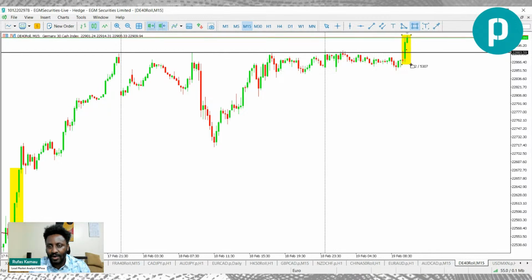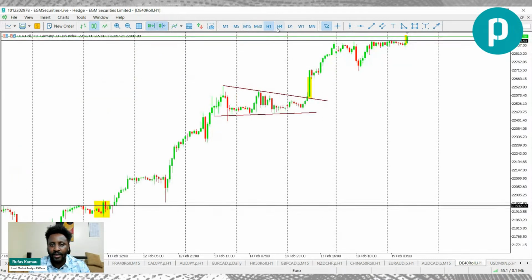So these are resistance that the market was unable to break yesterday. So it really struggled into breaking into a new all-time high on Tuesday as well as on Monday. But now you can see that the market is now pushing higher, raising the likelihood of a strong movement upwards from the current price action level. So for those who are interested in trading indices, this has been one very good candidate that has been performing really well since the year started.